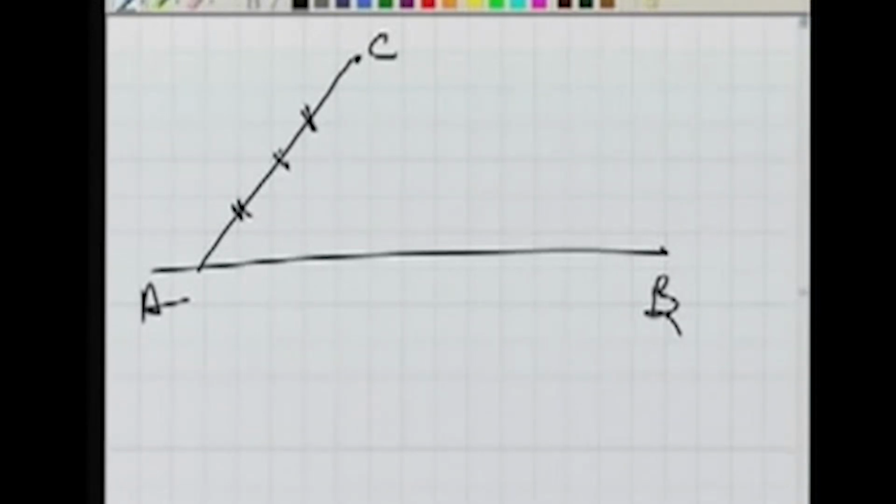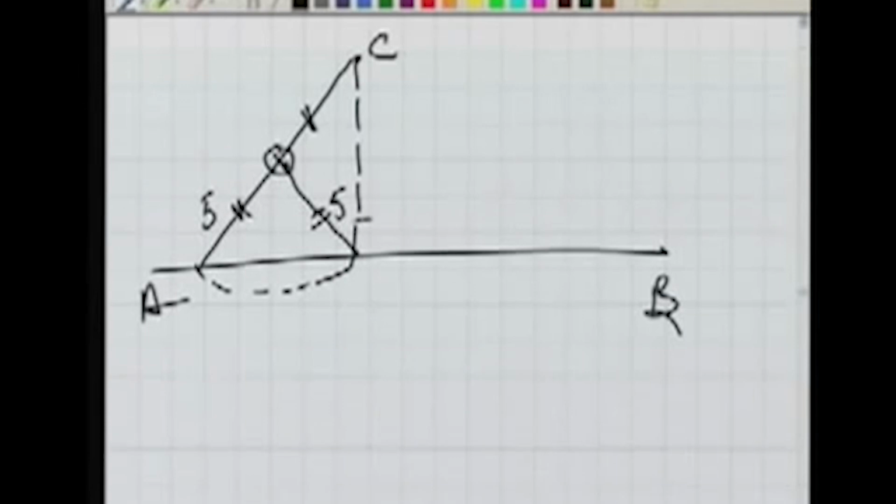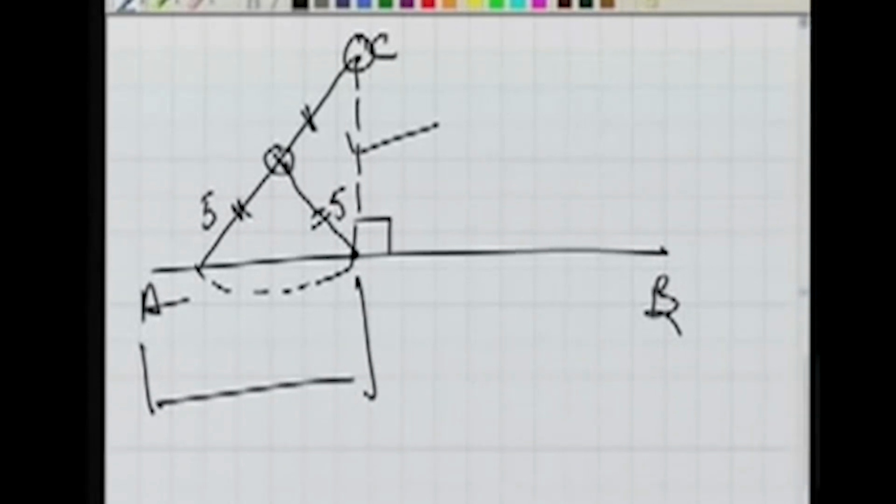Now from this middle point, whatever this value is, let's say 5 meter, take an arc of 5 meter here also. So these two are at the same distance. Well, you know this line will be perpendicular. So from this point, a perpendicular has been dropped on line AB, and we can measure this offset value, whatever the length of this is, and then the chain edge. So this is about dropping perpendiculars.